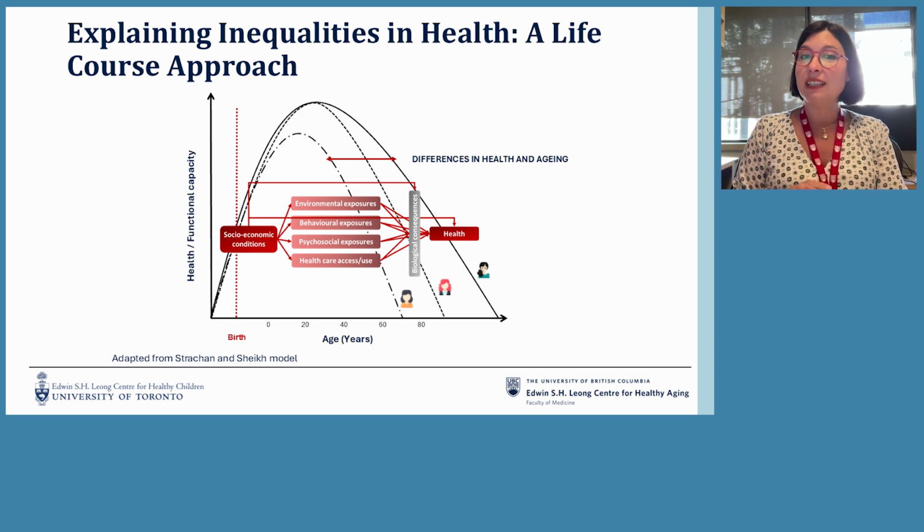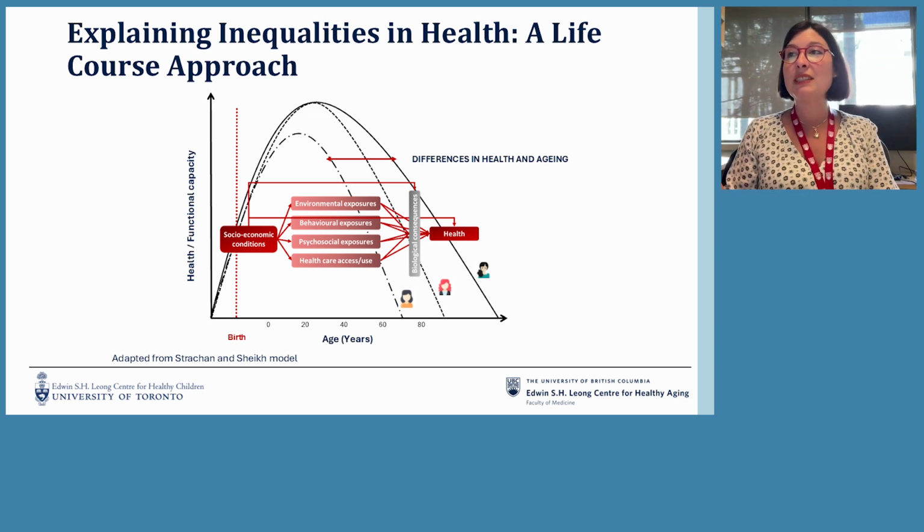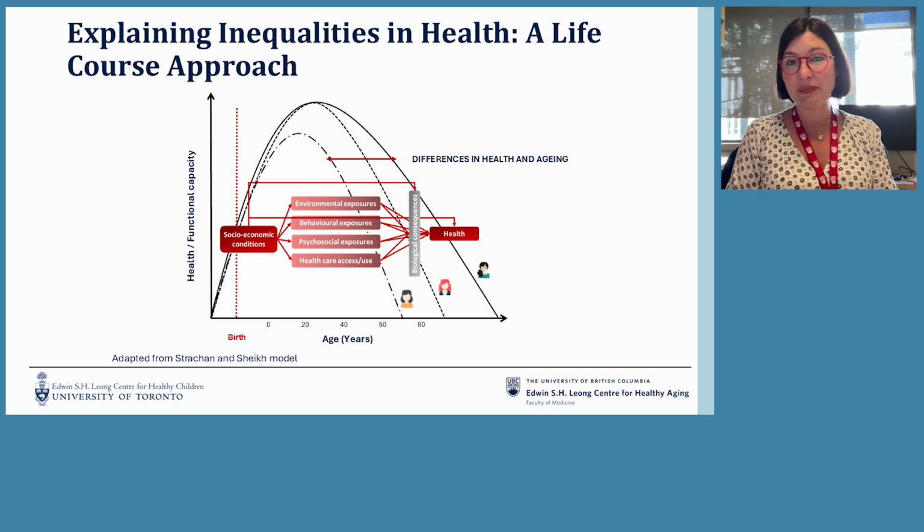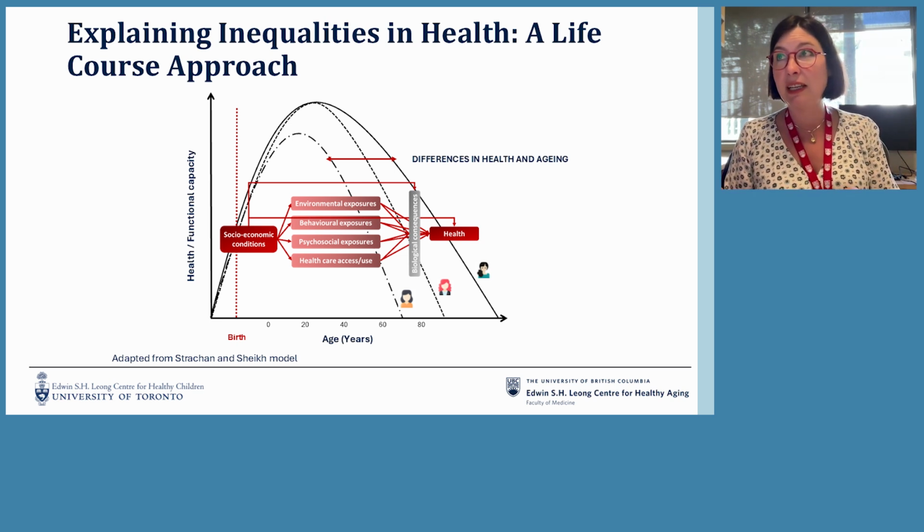So here in this graph, what you will see in this figure, you will see one of the most commonly used frameworks for a life course approach, that is the impact of different factors on trajectories of health outcomes across the life course.